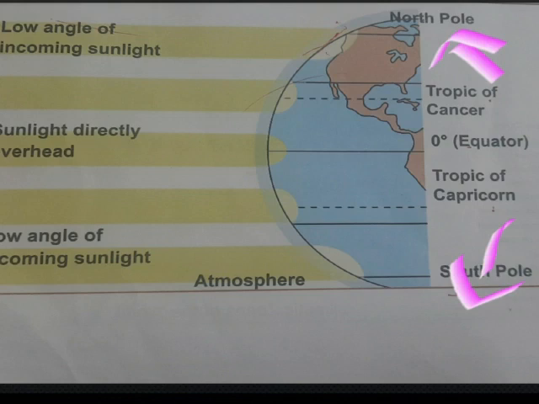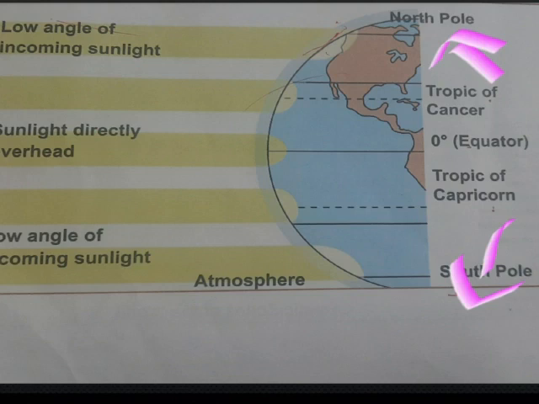Children, now we can understand clearly that the places nearer to the equator receive more heat and the places near the poles are colder. One more time I repeat.